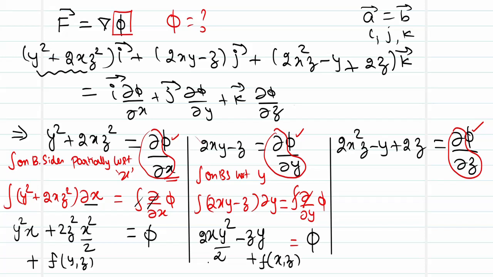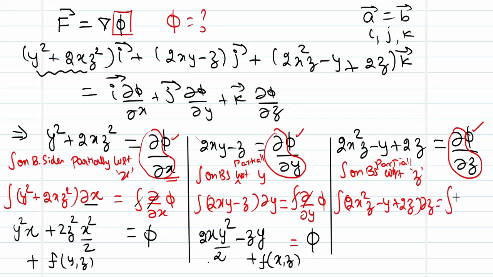Now moving on with the last component, comparing z. So I am integrating on both sides partially, here also, with respect to the variable z. When I integrate, you have 2x square z minus y plus 2z with respect to dou z is equal to the integral of dou by dou z of phi.